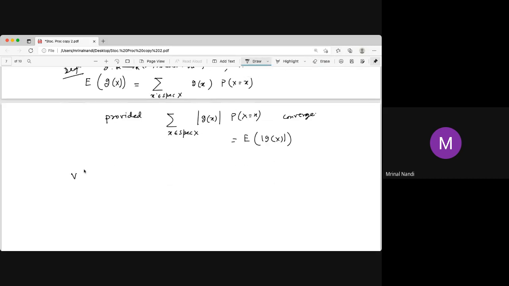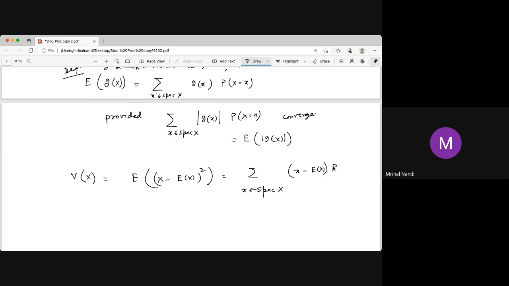And what is the variance of X? The variance of X is nothing but the expectation of X minus expectation of X, whole square. That is the definition of variance of X. So it is the summation over x belonging to the spectrum of X of x minus expectation of X, whole square, times probability of X equal to x. Remember, the expectation of X is a real number, not a random variable.